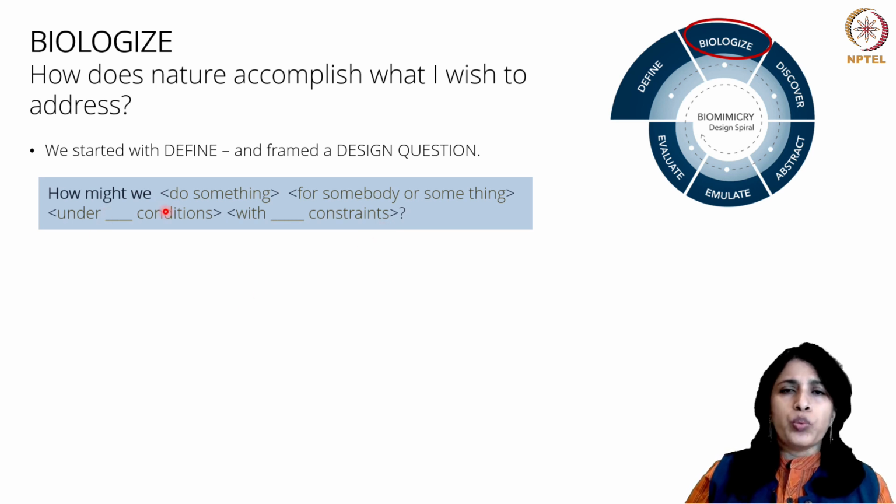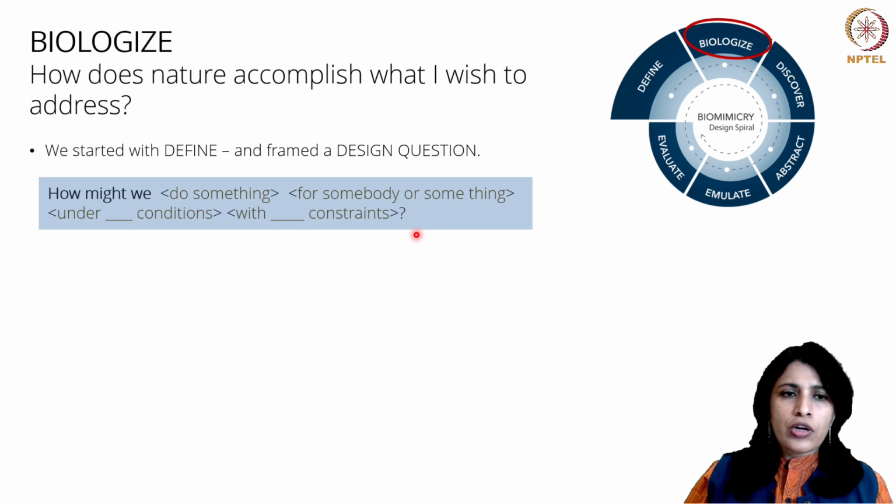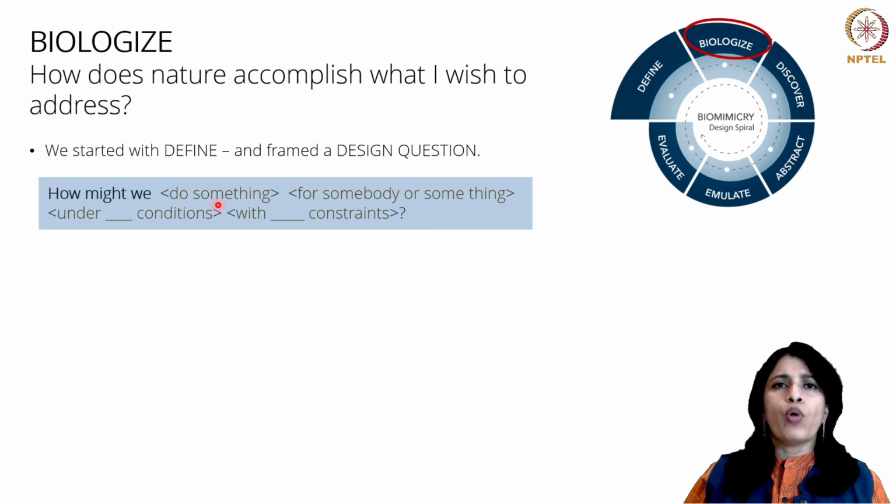So, how might we protect a bicyclist's head from impact? How might we create learning opportunities for refugees? How might we make sure that surplus food gets to those in need? So this is the standard form of a design question. Now, how do we take that and biologize it?